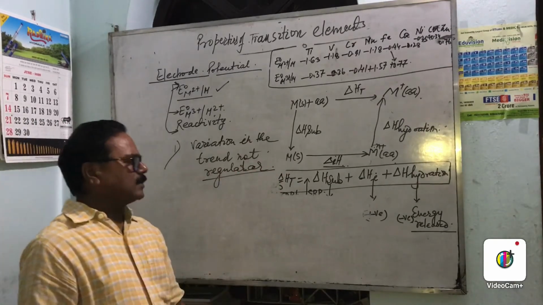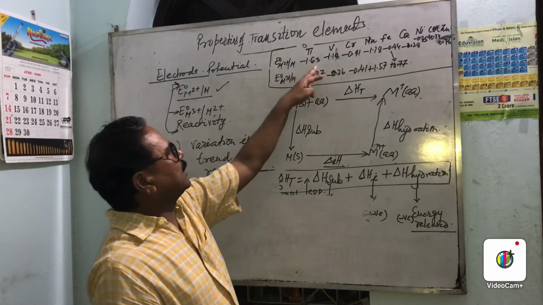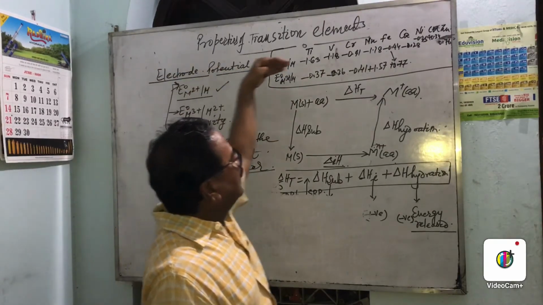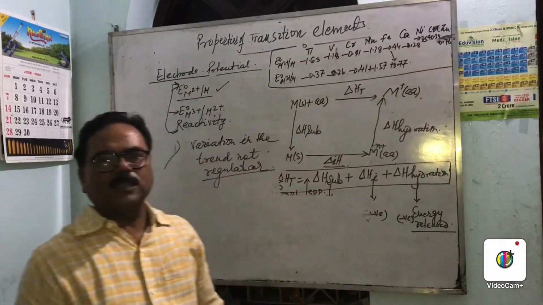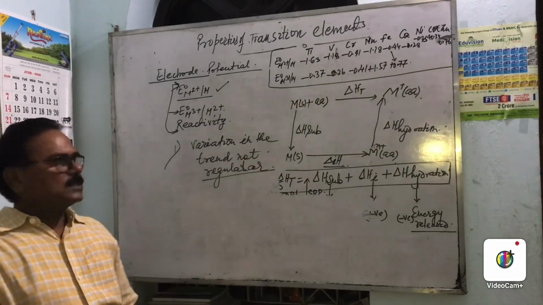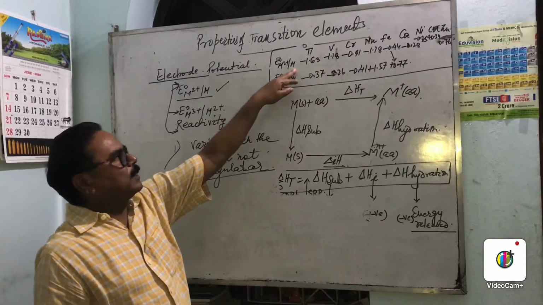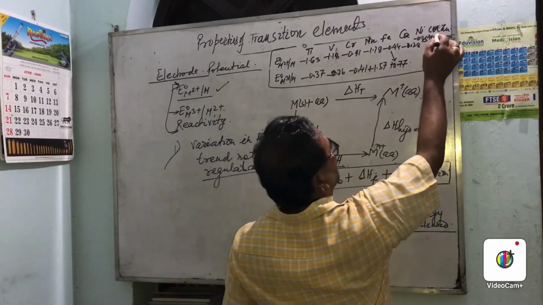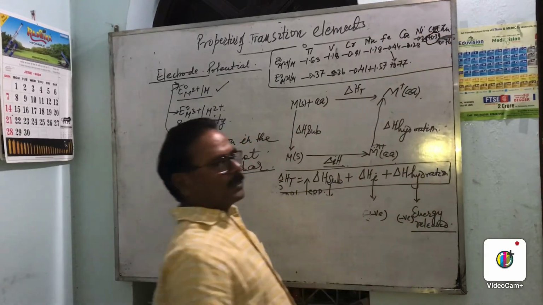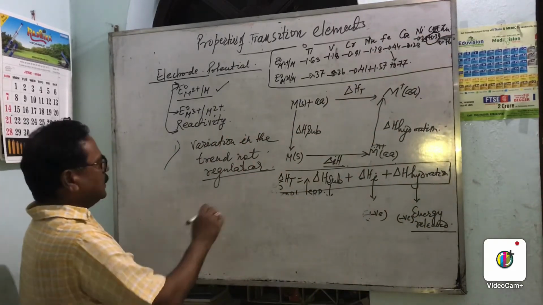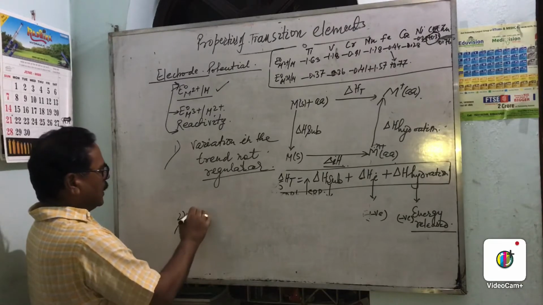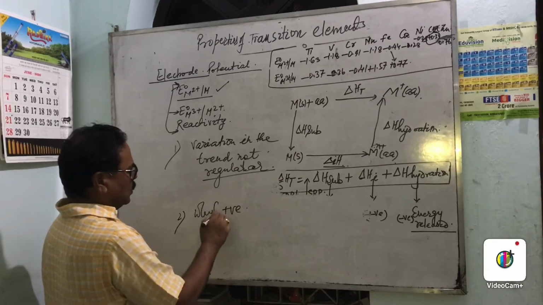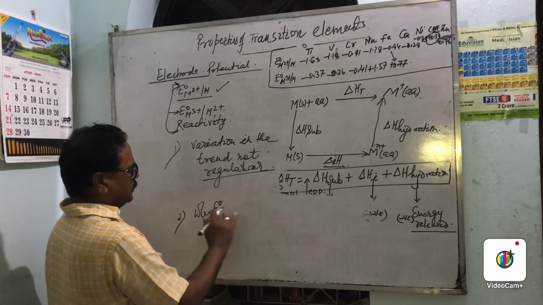This question is asked, and this value is minus 1.6. When we go from left to right in the first transition series, the electrode potential value for M2+ goes on becoming less negative, except that copper is positive. So another question is why copper has a positive electrode potential value, why E0 for copper is positive.